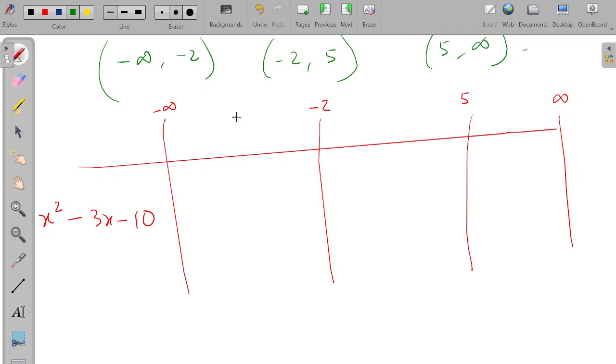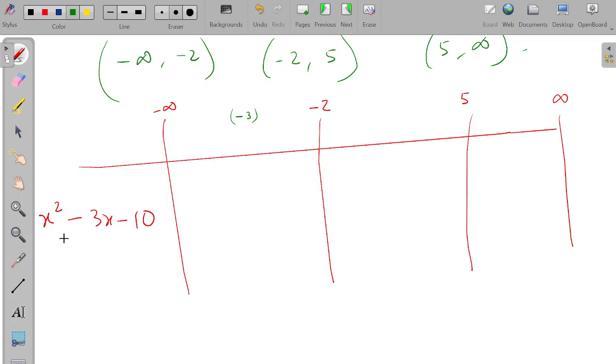Between negative infinity and negative 2, you can pick a value like negative 3. Put this value into the function and get out the sign. Which sign will it give you?